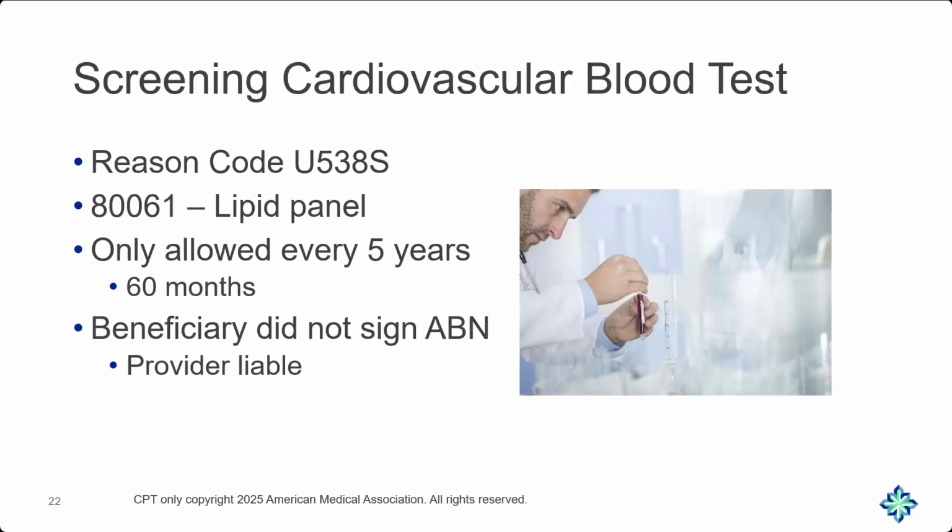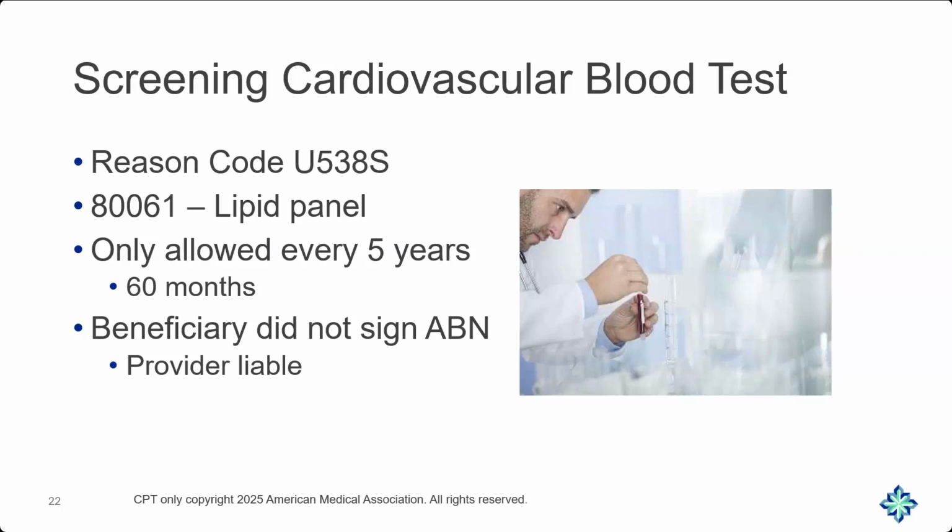Another reason code that appeared on our list for the reporting period of February 1st to April 30th is U538S. Again, this is a common working file edit. The U stands for utilization. This edit has to do with a screening cardiovascular blood test being billed more often than every 5 years.